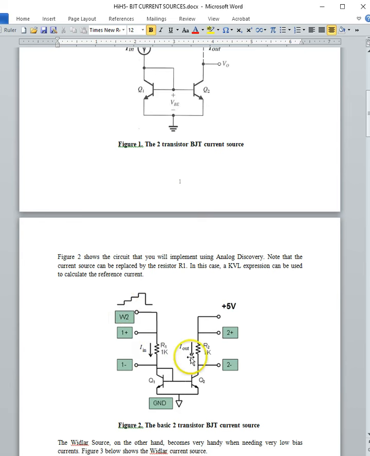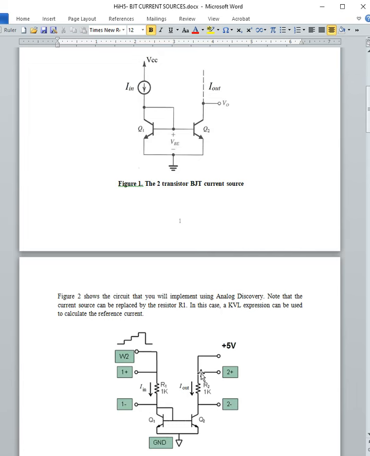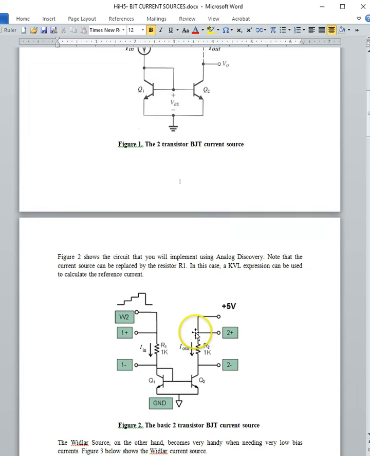Now, to measure the output current, we are going to use resistor 2. Since we don't have any option to see the current waveform, we're looking simply at the resistor 2 waveform.